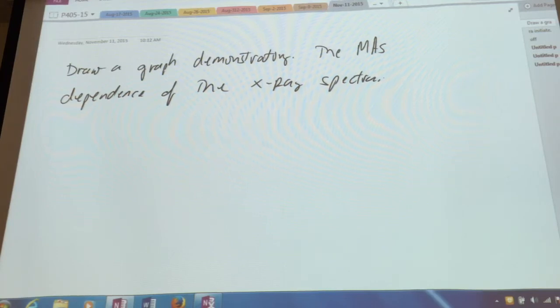So what graph would demonstrate this MAS dependence? If you haven't changed the maximum energy, you haven't changed the target, so you haven't changed the characteristics, and you haven't changed the average energy. What do those two look like? The same, but one's just taller. The same, but different, yes.